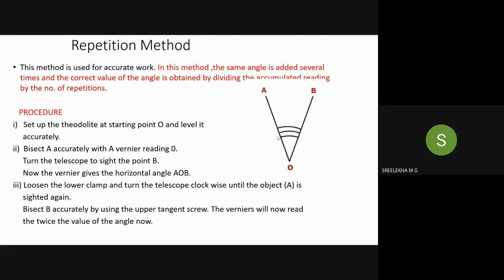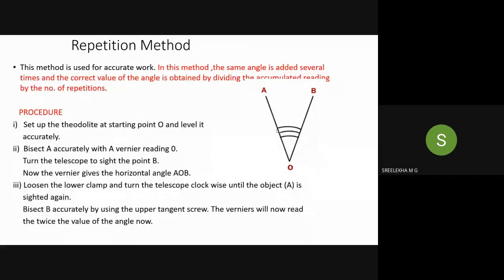And now, after that, you give the second rotation, that is, turn the telescope clockwise again. At this time, I have to remind you of the two faces. What are the two faces? Face right and face left.